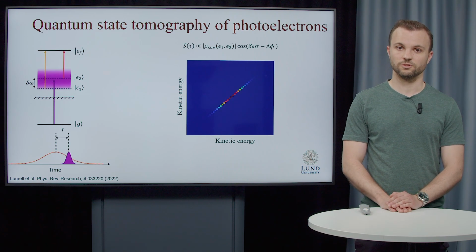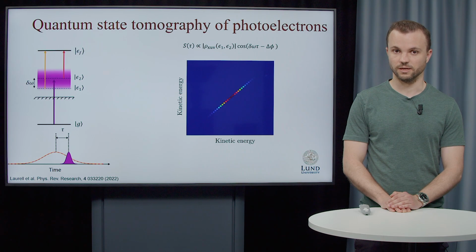To do so, we need to do an interferometric measurement. And in this case, we use two infrared components with frequency omega-1 and omega-2, separated by delta omega, that induce interference between two intermediate continuum states, epsilon 1 and epsilon 2, to a given final state epsilon f.